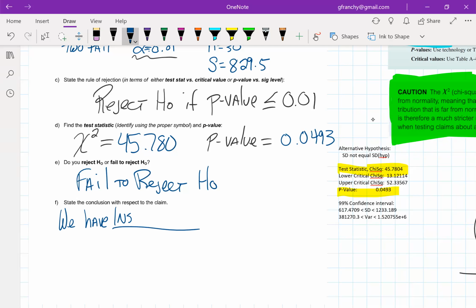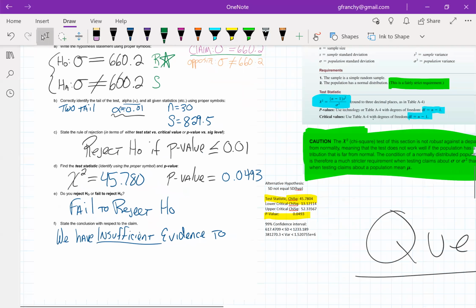So to keep the phrasing consistent with how you'll see it, we have insufficient evidence to, and then next goes back to what we did up there.